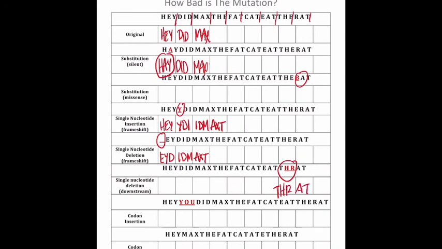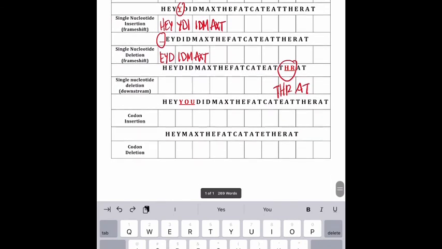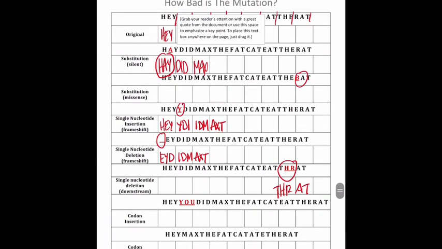And so it messed up a few of the amino acids, but the beginning part, hey, did Max the fat cat eat, is still normal. It's just the rat that got screwed up. And so that deletion would have less of an effect than this deletion before it. This one is going to have a greater effect. This one is going to have a lesser effect just because of the location of the mutation.